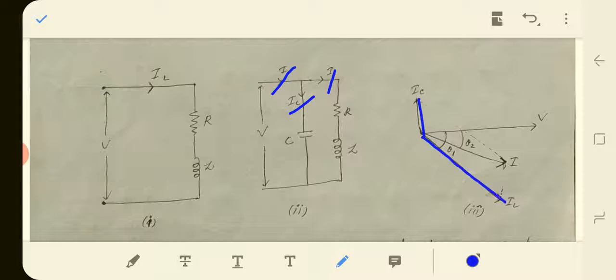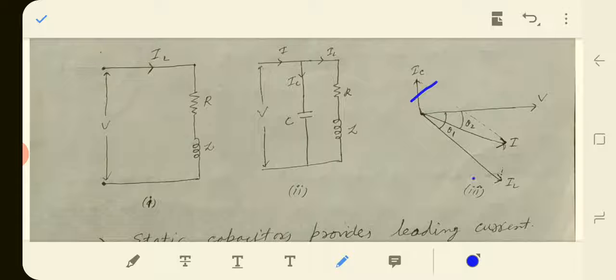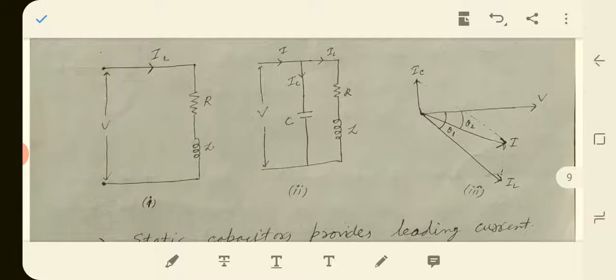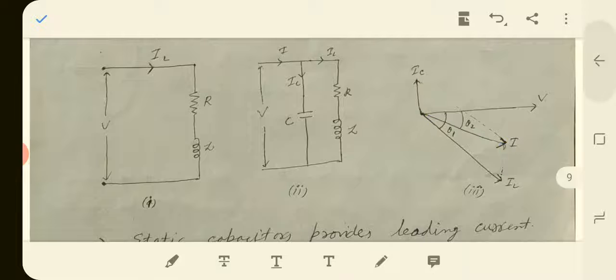This was the initial load current, and now the net current will be the phasor sum of this IC and this load current, and the net current will be this I. For phasor addition we use the parallelogram law, and the net current is like this I.